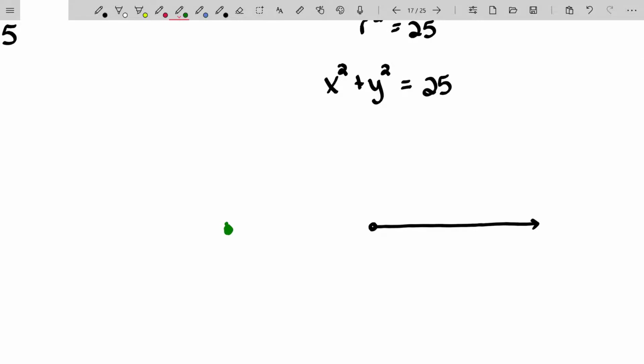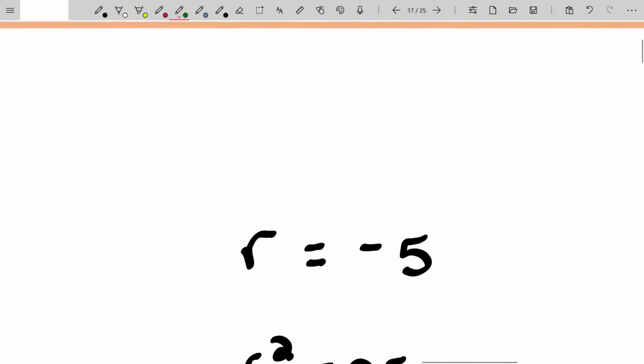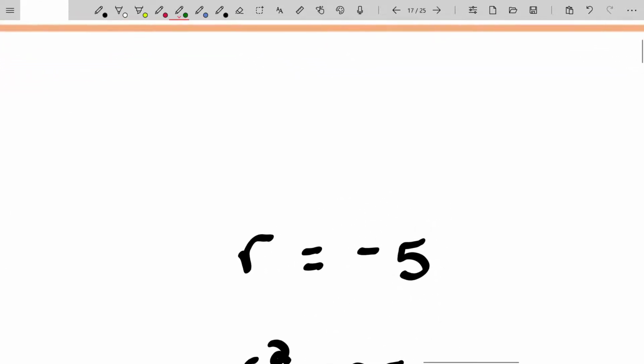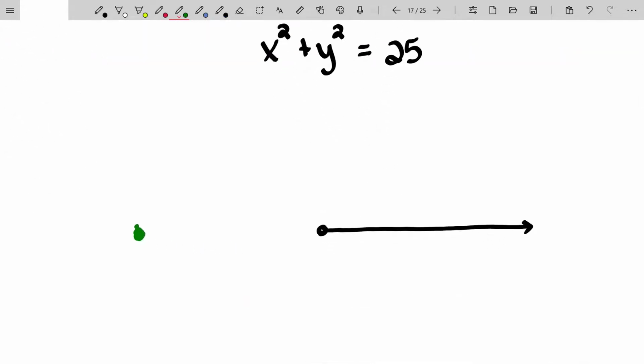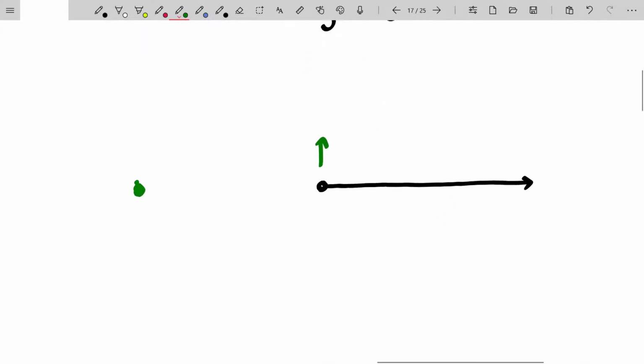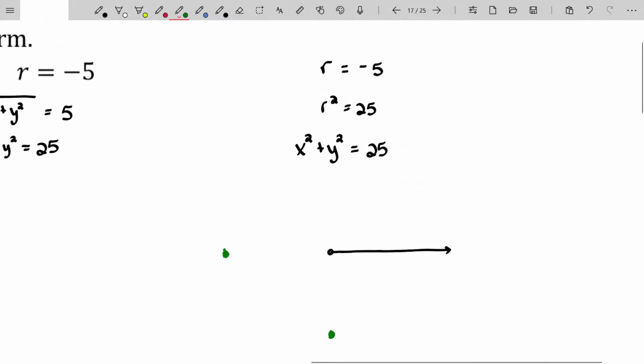Now you say, okay, I'm going to face an angle of pi over 2. What is r? Well, r is still negative 5. So again, you're facing the angle pi over 2. You're going to actually plot a point 5 units behind you. Right there. And then you say, well, what if I'm facing an angle of pi?